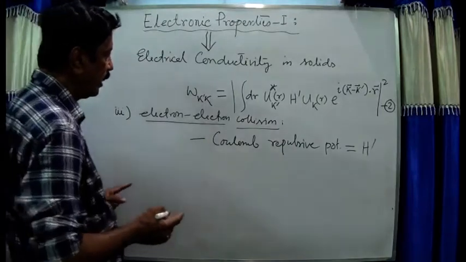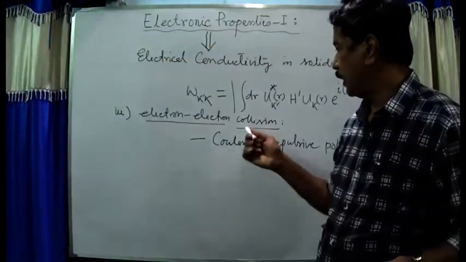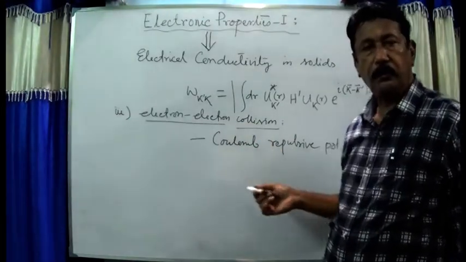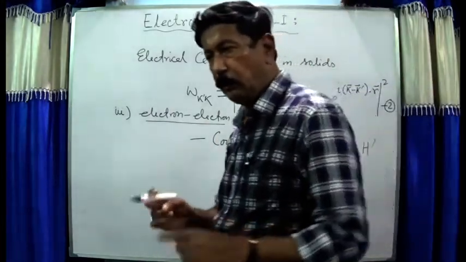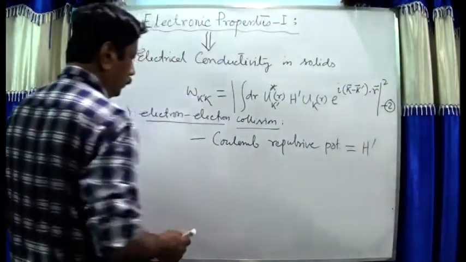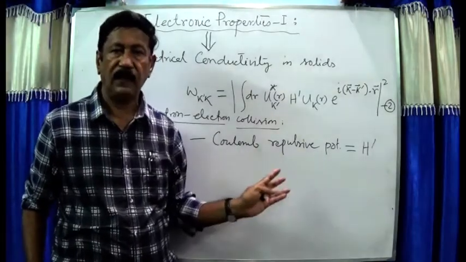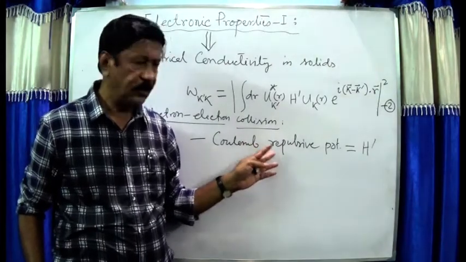So in our today's class, we will not go into details of this electron-electron collision. We only mention that a Coulomb repulsive type of potential will be involved, and the analytical part is not so easy.